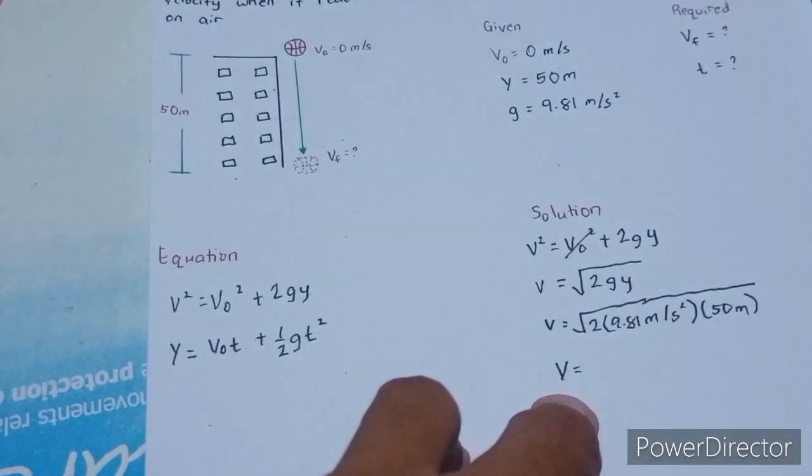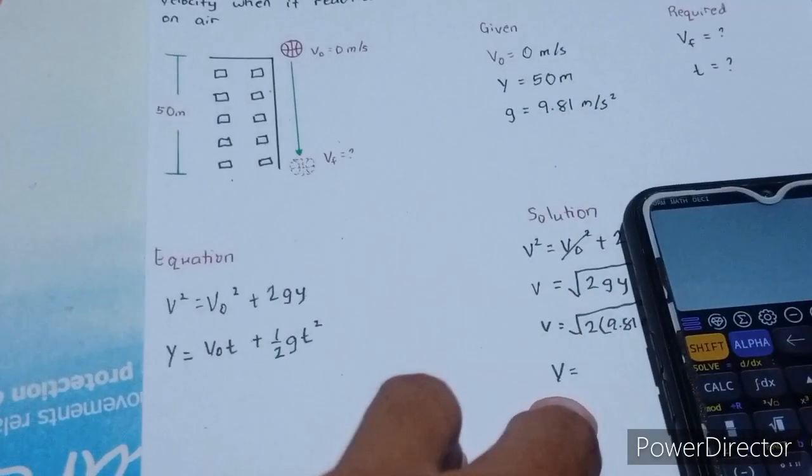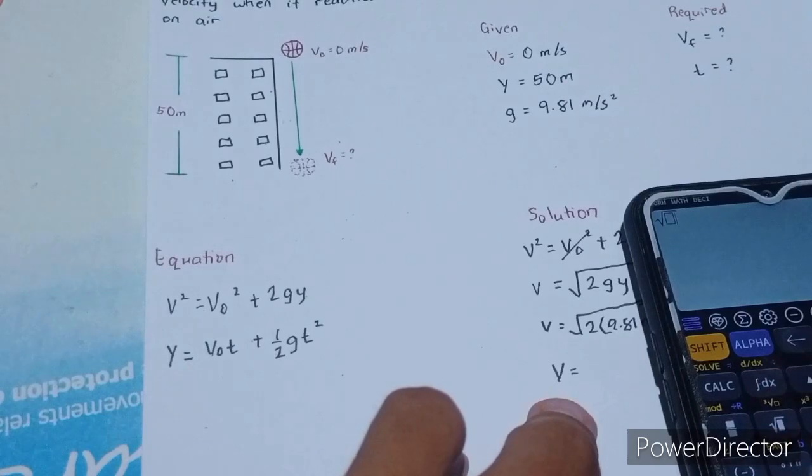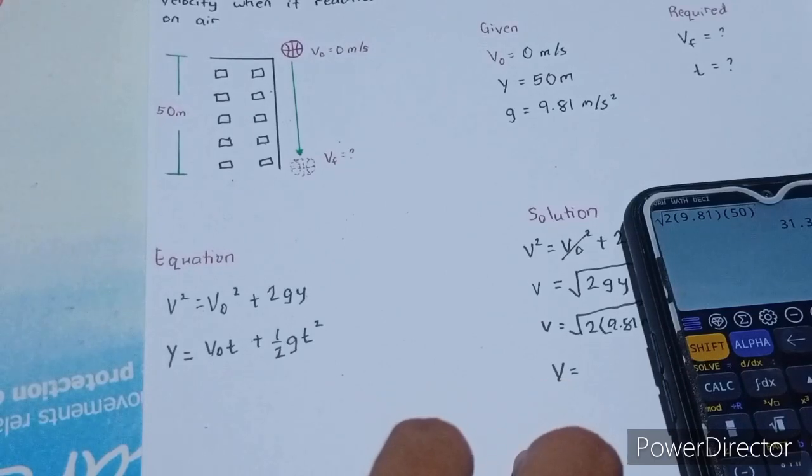Our final velocity is equal to 31.32 meters per second.